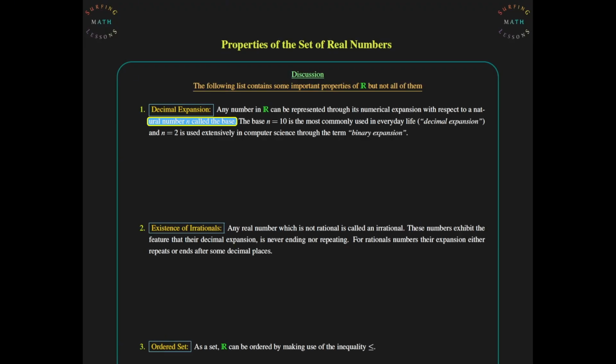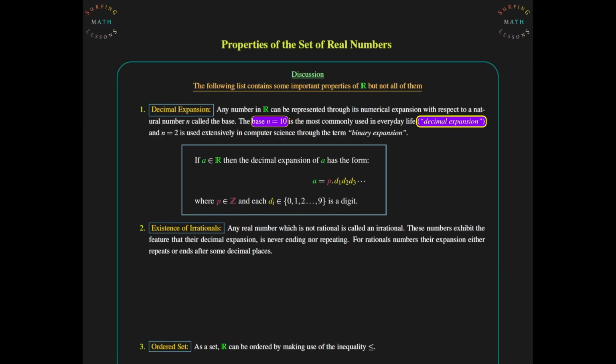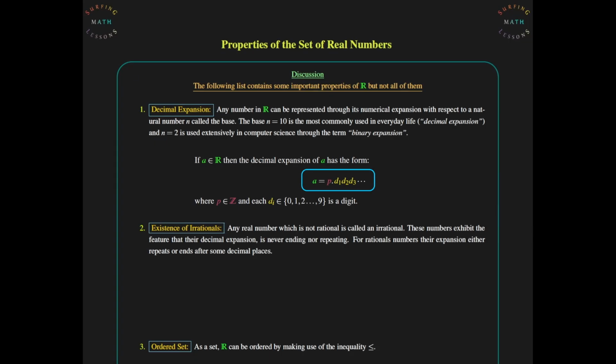The two more widely used expansions are the decimal expansion and the binary expansion, which correspond to bases 10 and 2 respectively. In the case of the decimal expansion, this means that for any real number a, there is an integer p and a sequence of digits d_i, which allows us to write a in the following form.